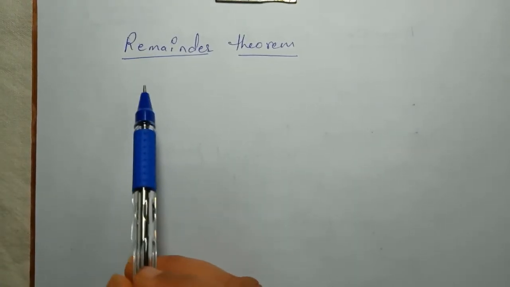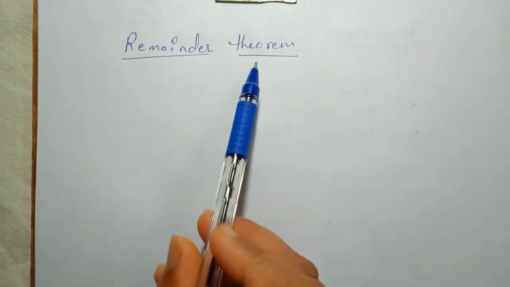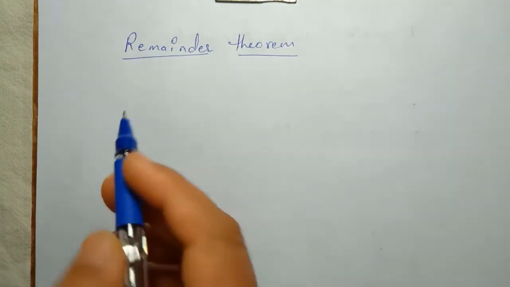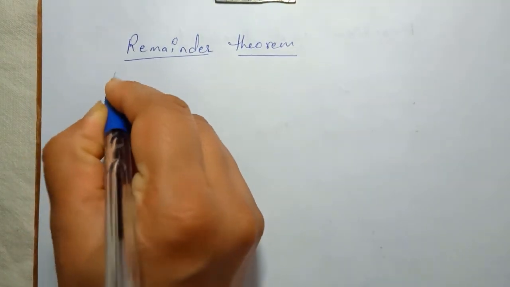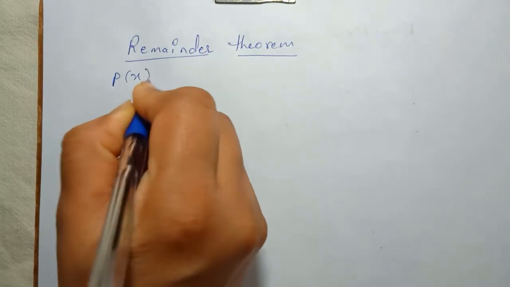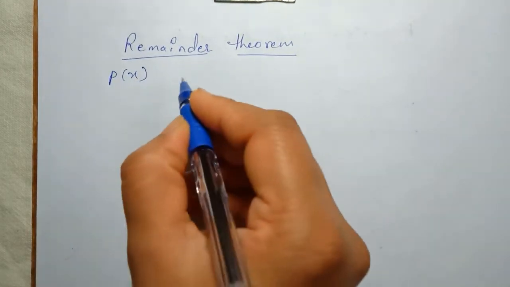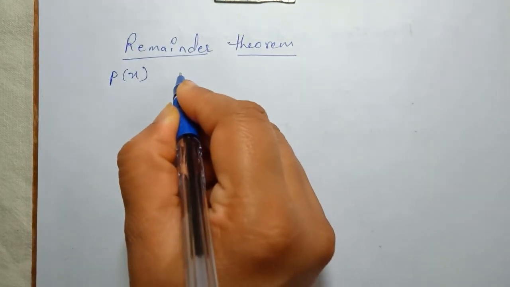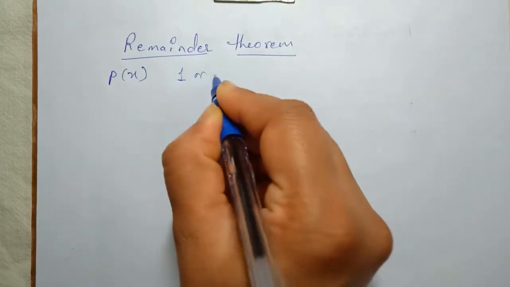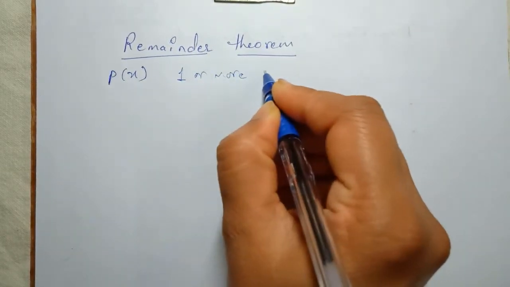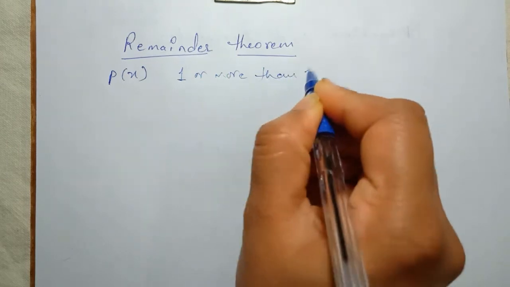Yes, children, today we're going to learn what the remainder theorem is. The remainder theorem says that suppose we have a polynomial p(x). The degree of the polynomial is either 1 or more than 1.